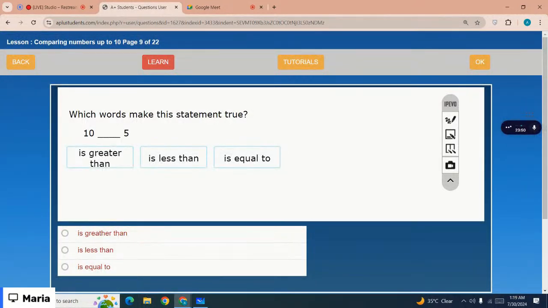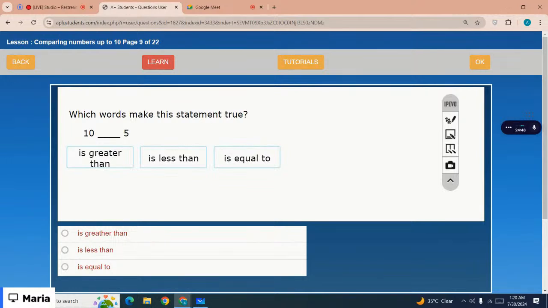Okay, which words make the statement true? 10 and 5, which is the correct option? Yes, 10 is greater than 5.